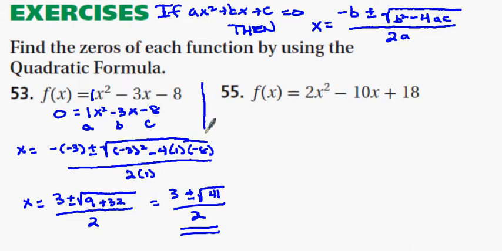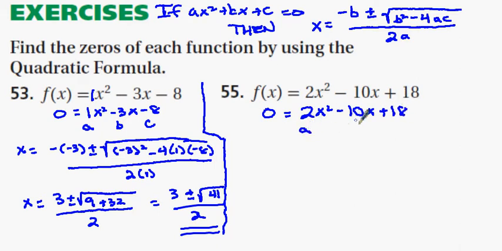Performing the same process for 55, set this to 0. So we have 2x squared minus 10x plus 18. This is my a, this right here is my b, and this is c.